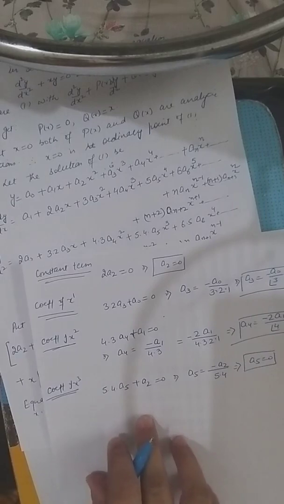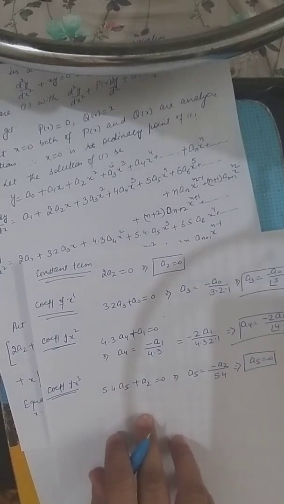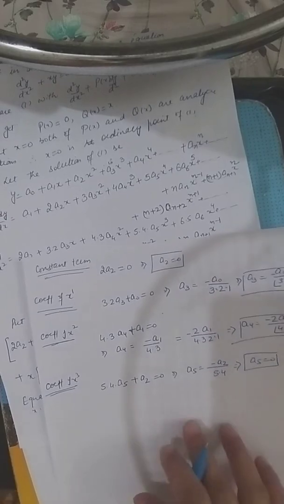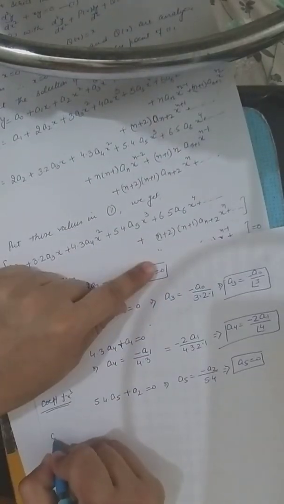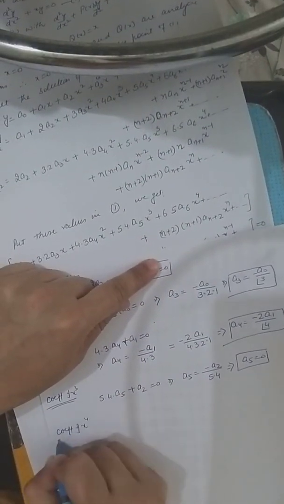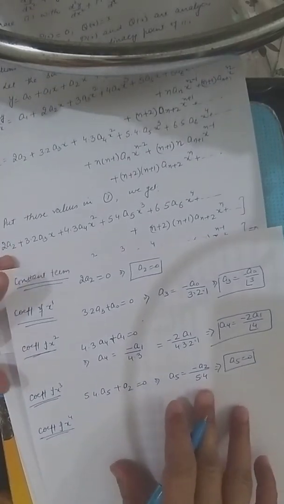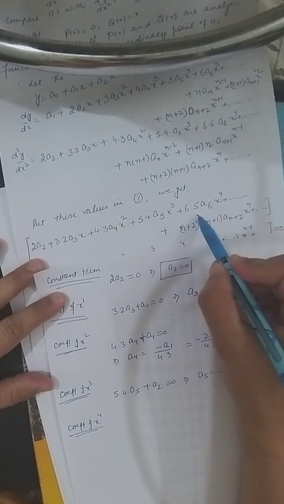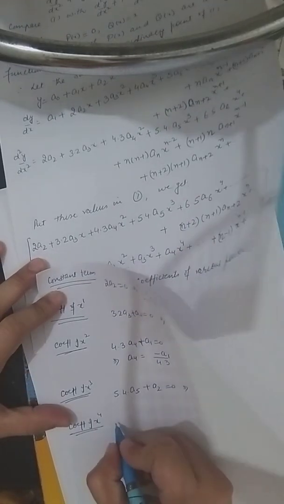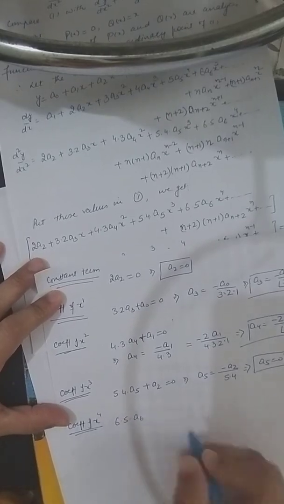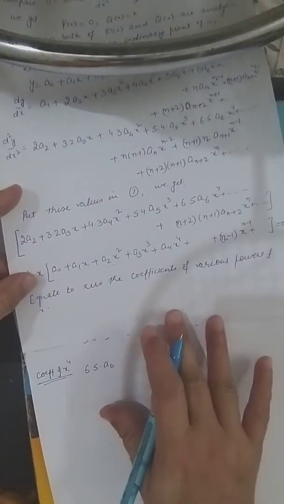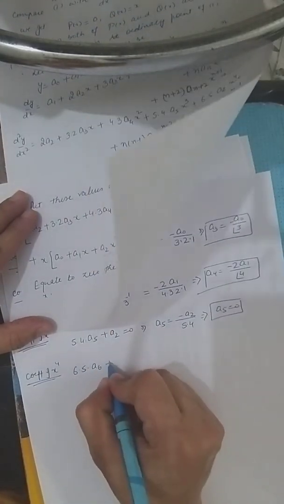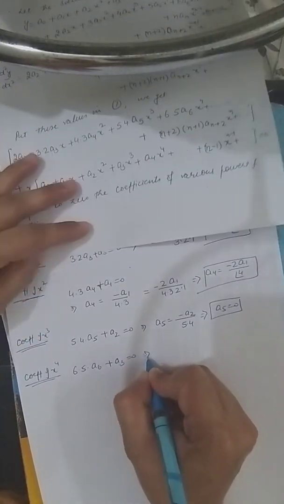Next, we will equate the coefficient of x power 4. Here it is 6 into 5 into a6, and in the next equation the coefficient of x4 is a3, plus a3 equal to 0.